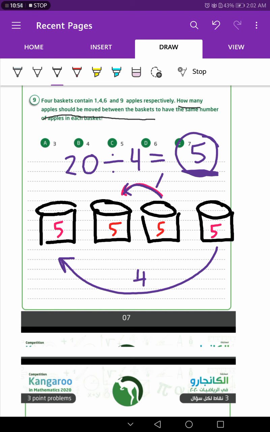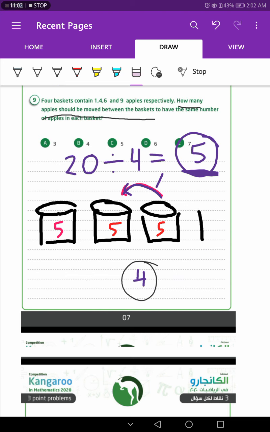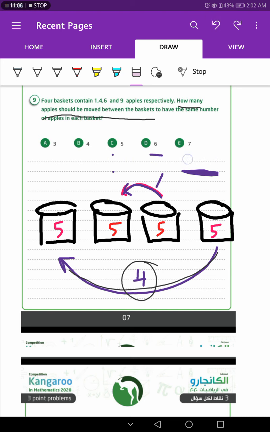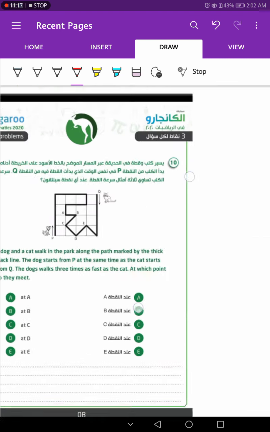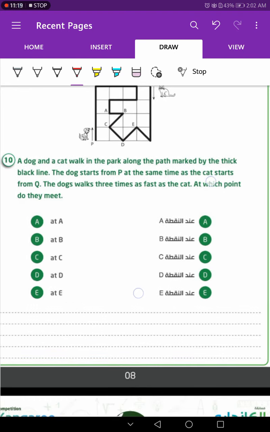Okay, how many apples did you move? 4 from here to here and 1 from here to here, so the answer is 5. Okay, my dear students, so the answer is 5 apples you moved between the baskets.